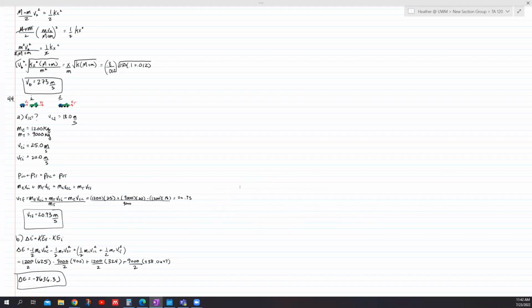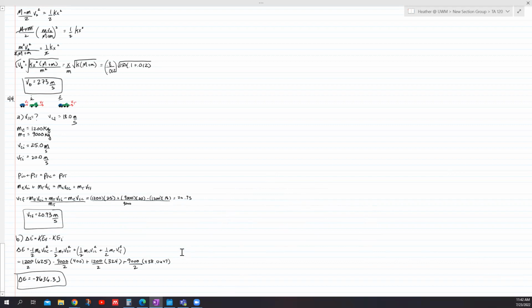All right, B. How much mechanical energy is lost in the collision? Account for this loss in energy. All right, so change in E is going to be the change in kinetic energy. We don't believe that there's any kind of spring action here. We're looking in the x direction, so there's no gravity.